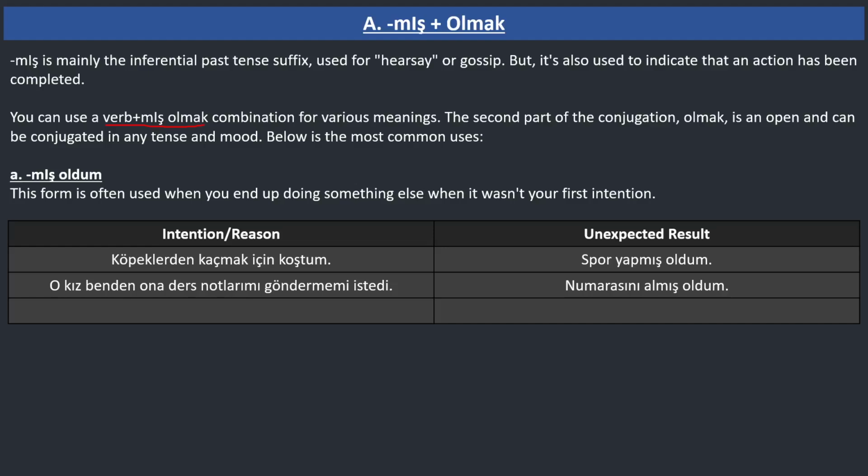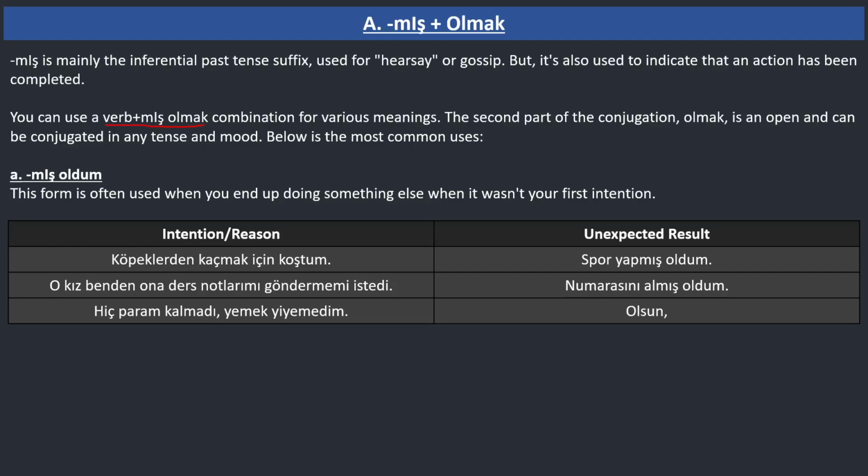Gerçekten acıktım. 20 kilo vermiş oldum. Yes, you can say that. Or like, hiç param kalmadı. Yemek yiyemedim. That's a bad thing. I had no money left. I couldn't eat at all. But I can have a positive outcome from this.